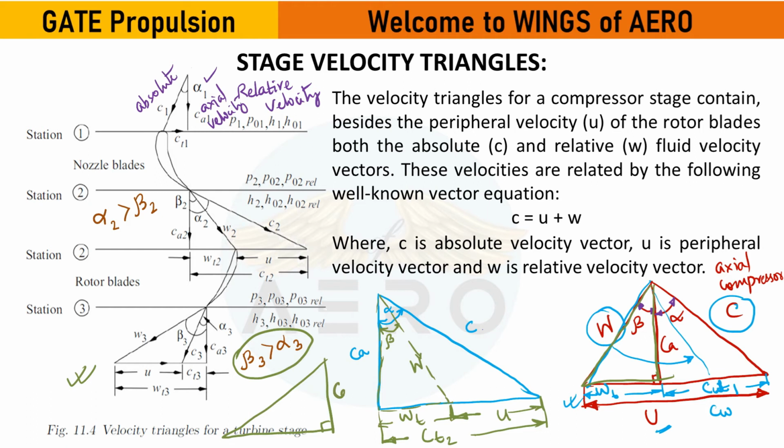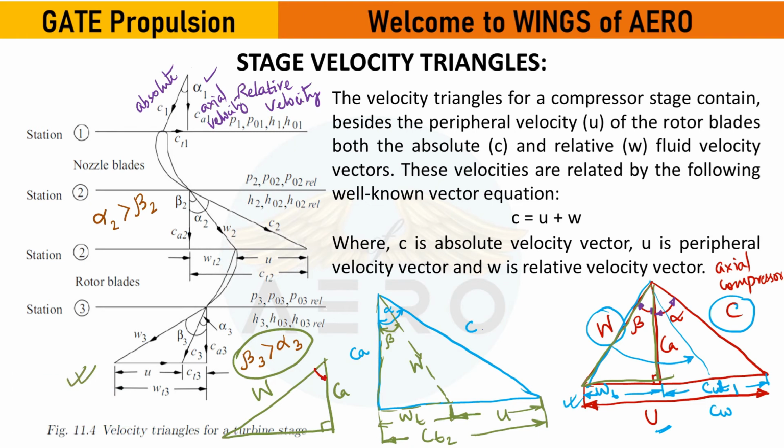This is CA, which is always perpendicular. This will be the W. Now I have to draw the absolute angle, which is less.